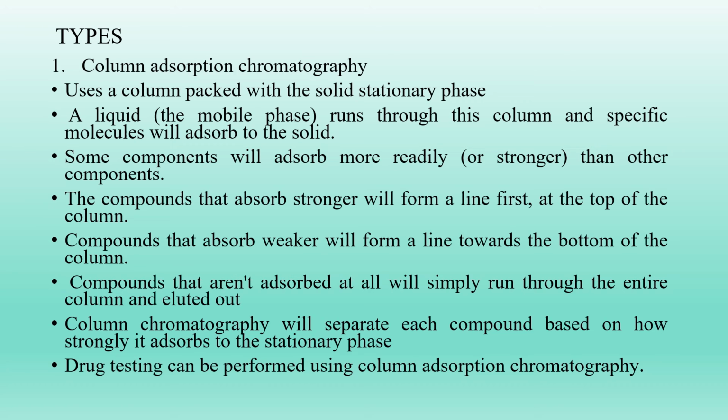The components which adsorb strongly will form a line first at the top of the column, and the compounds that adsorb weaker will form a line towards the bottom of the column. The components which are not adsorbed will simply run out and will be eluted from the column. The column chromatography will separate each compound based on how strongly it adsorbs to the stationary phase, and drug testing can be performed by using this method.